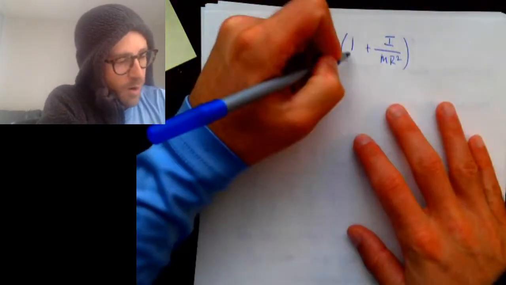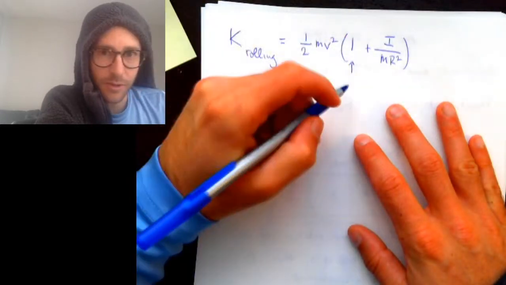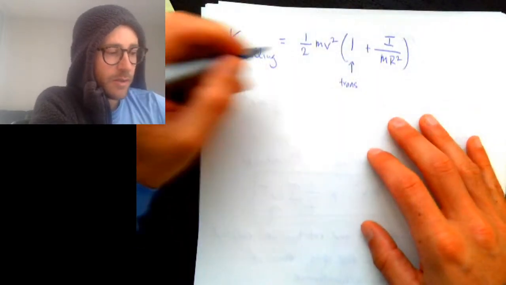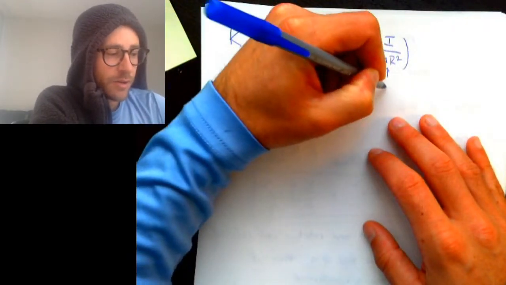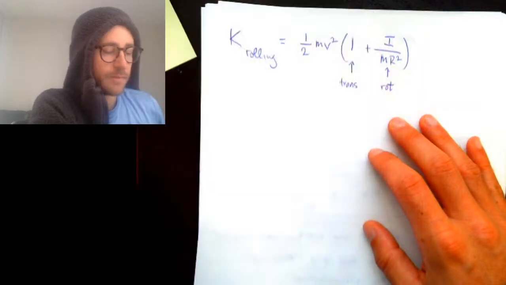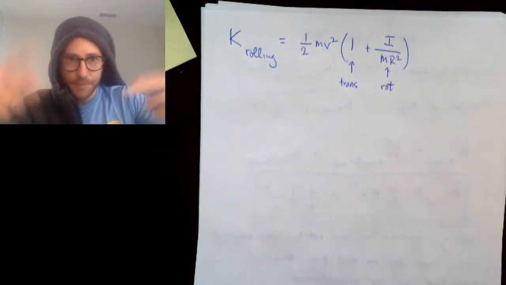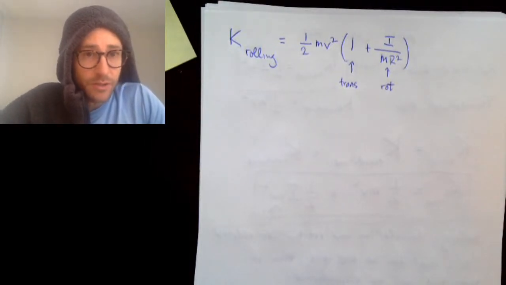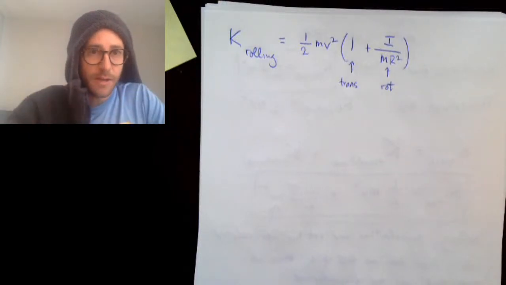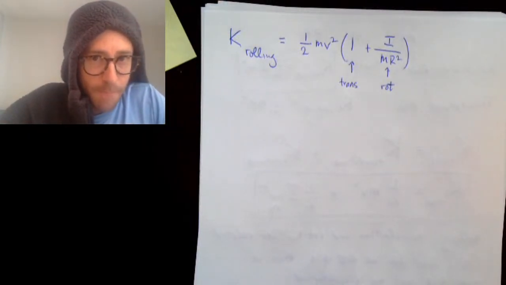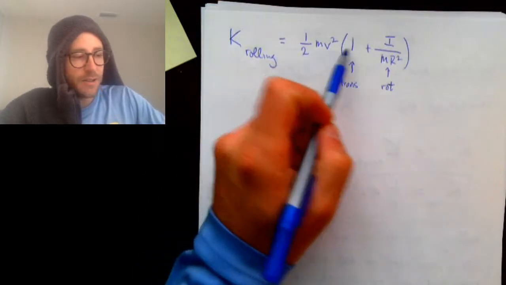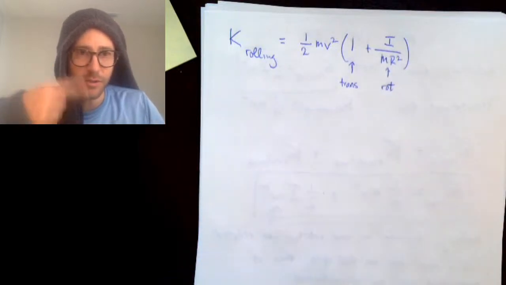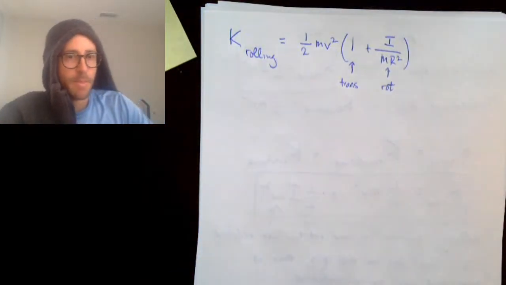So this 1 is the contribution from translational. This I over mr squared is the contribution from rotational. So while you are rolling, you have both translational and rotational kinetic energy in that wheel. Okay? So there's a little bit extra. It's 1 plus something. So this is the extra kinetic energy due to the rotation.